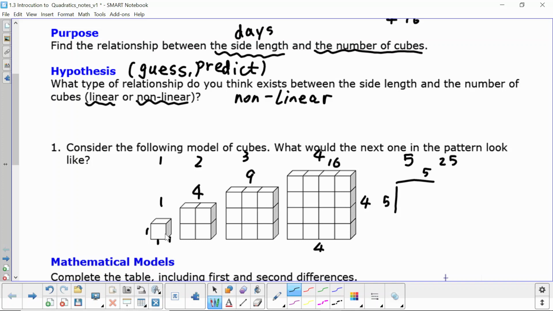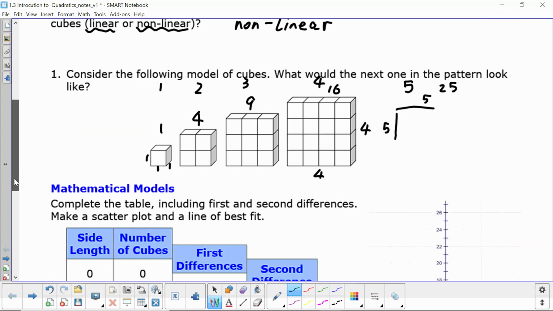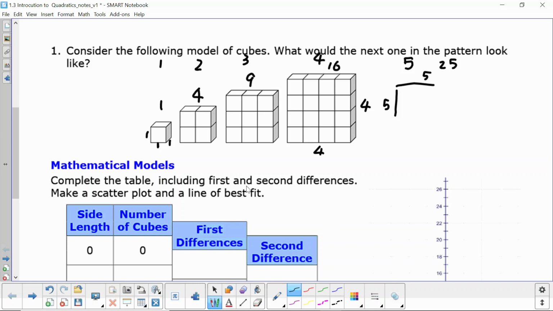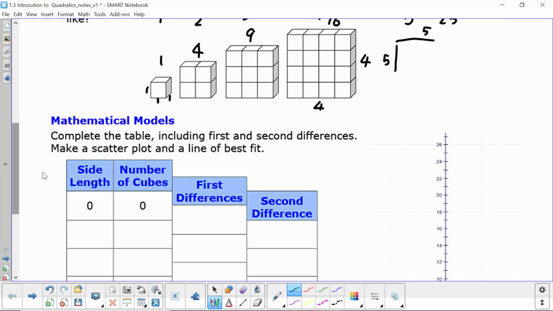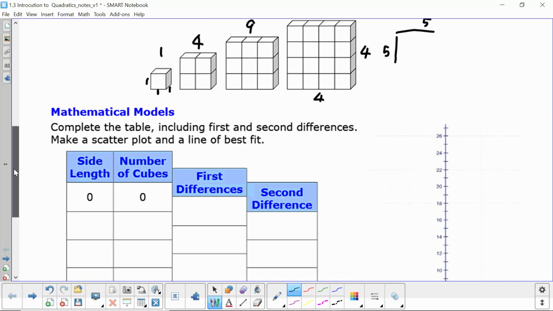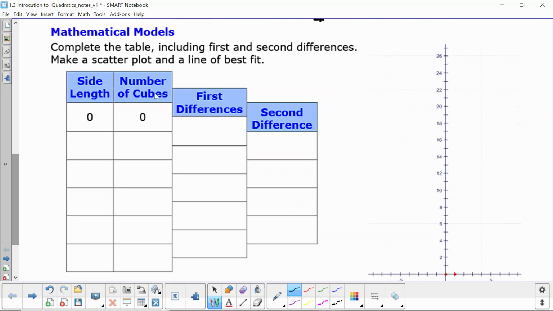Now we want to use a table of values and also the graph to build mathematical models. So we are going to complete this table including the first and second differences. I will explain what first and second differences mean. Then we are going to graph it and draw a line of best fit.